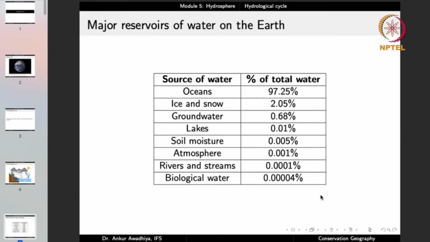And the hydrological cycle moves water through all the different reservoirs of water on the planet. We saw that the oceans are the largest reservoir. Around 97.25% of water is in the oceans. Then we have ice and snow, groundwater, lakes, soil moisture, atmosphere, rivers and streams, and biological water. So the water cycle is moving water through all of these reservoirs.